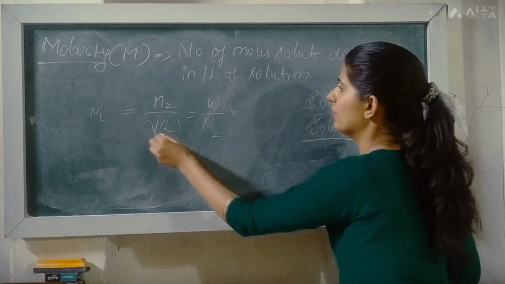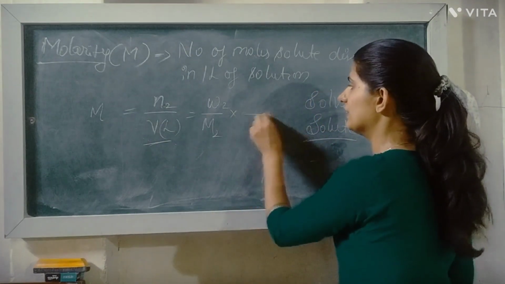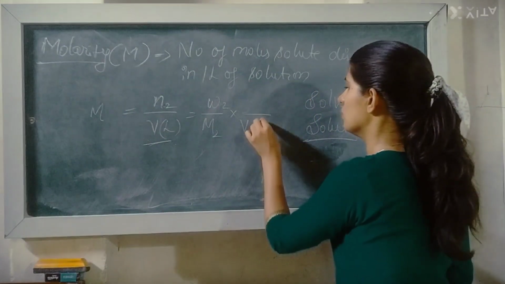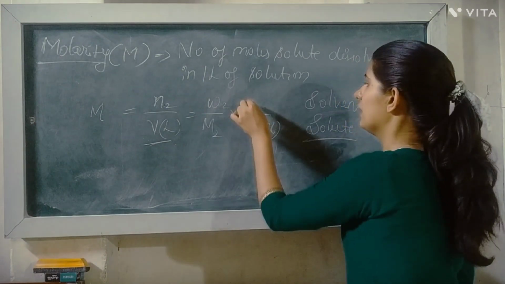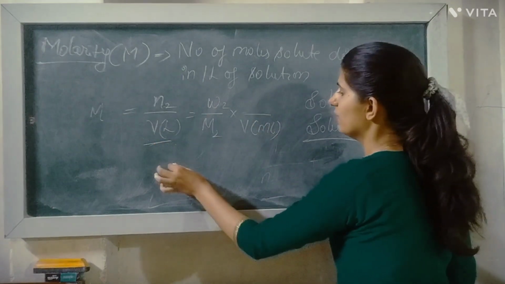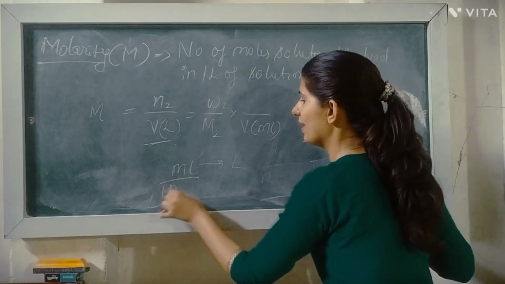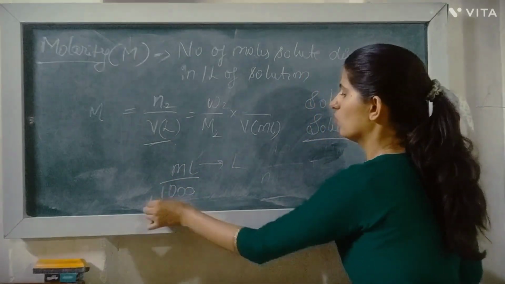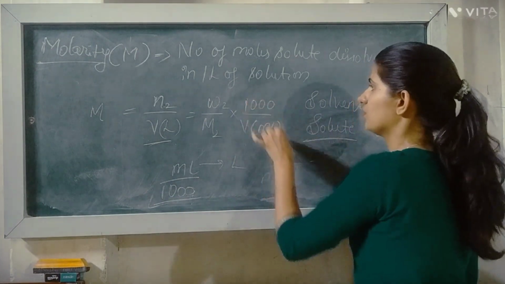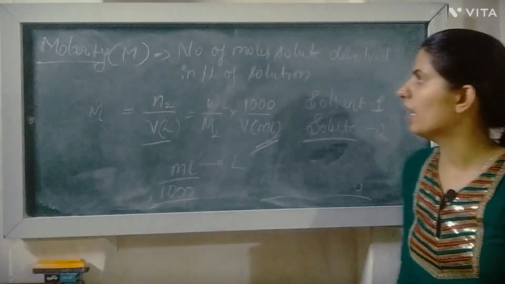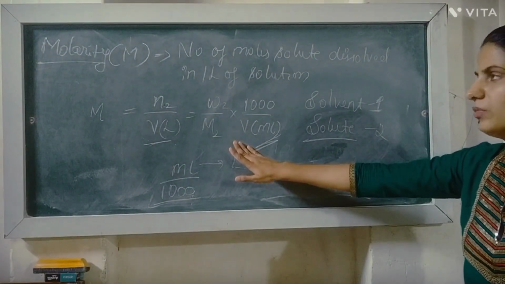Consider if they have given volume of solution in ml, then to convert ml into liter, we have to divide it by 1000. This is the formula I get. You have to remember this formula. You have to solve problems based on this.